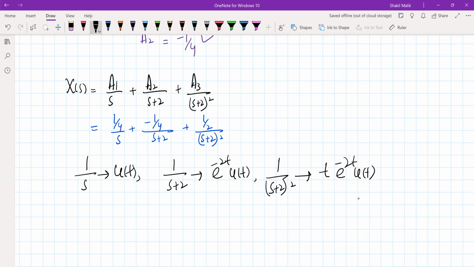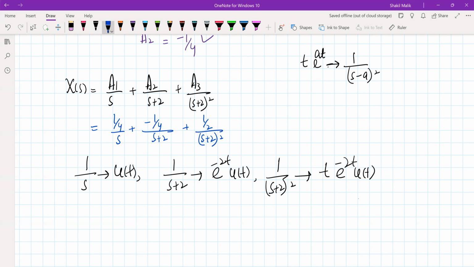Because the Laplace transform of t e to the power of minus at is 1 by S plus a whole square. So this is how we find the inverse Laplace transform.